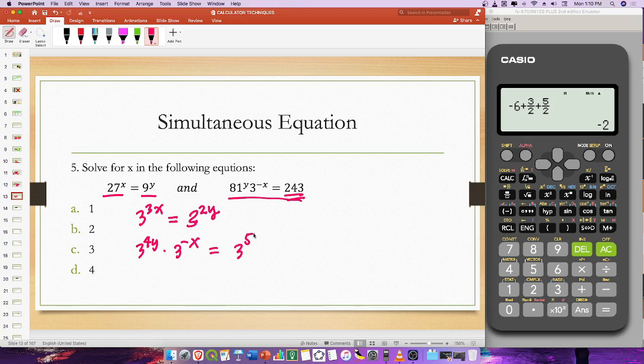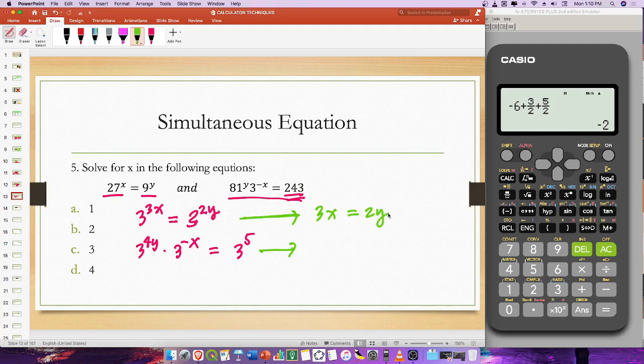Now, since they have the same base, we can actually equate their exponents. In this case, I will equate the exponent: 3x equals 2y. That will be my first equation.